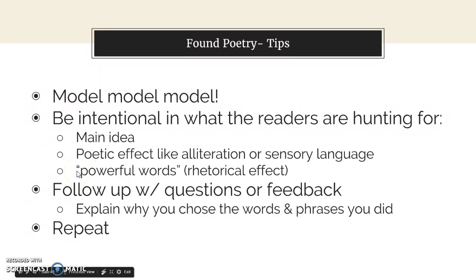Or a fun strategy that is a good intro for rhetoric is to have students circle powerful words, their aha words, which I think draws on this low level of just sort of instinctual understanding.